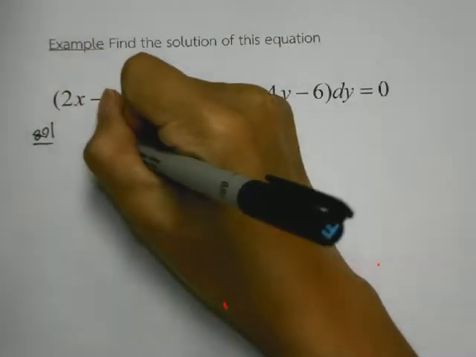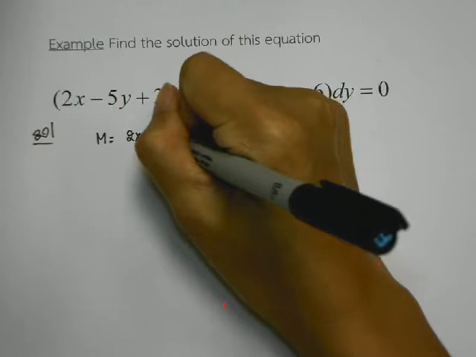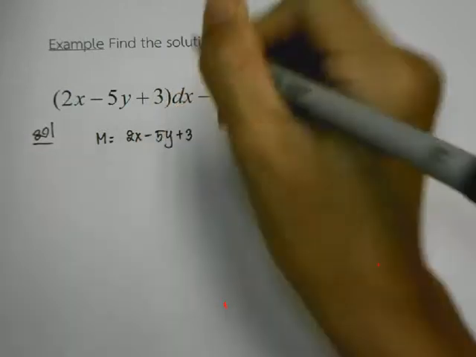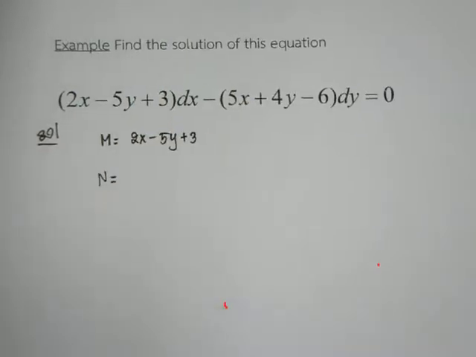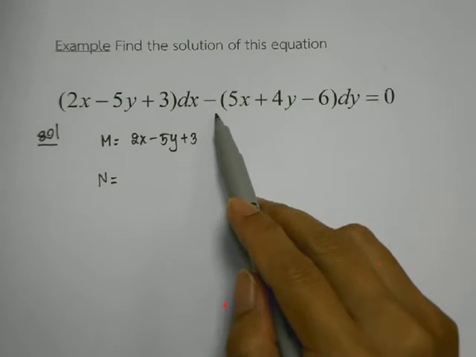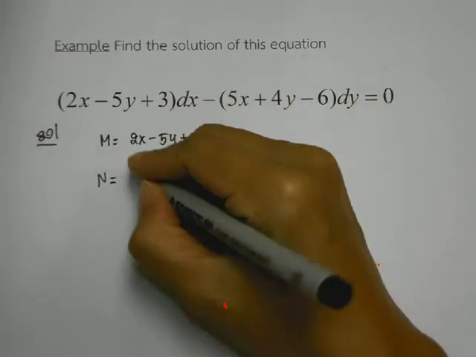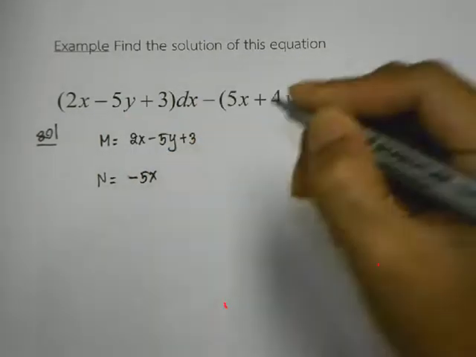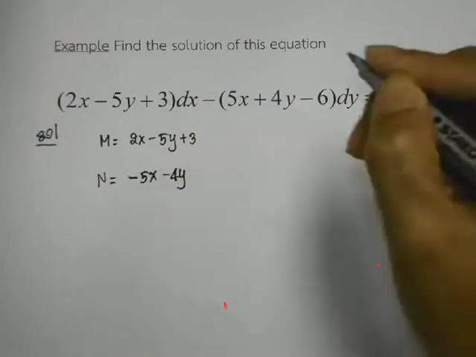M is equal to 2x minus 5y plus 3. N is equal to, see, you got to take the negative sign with you for the N, okay? Minus 5x minus 4y plus 6.